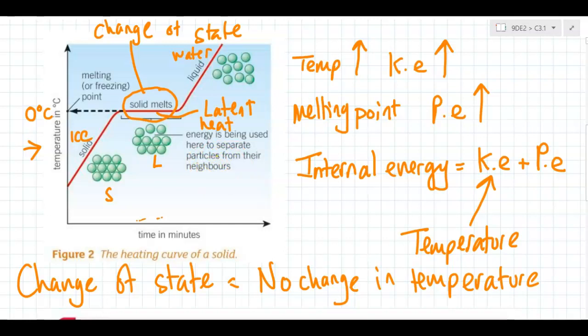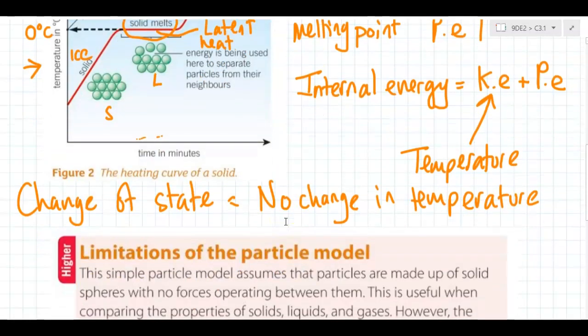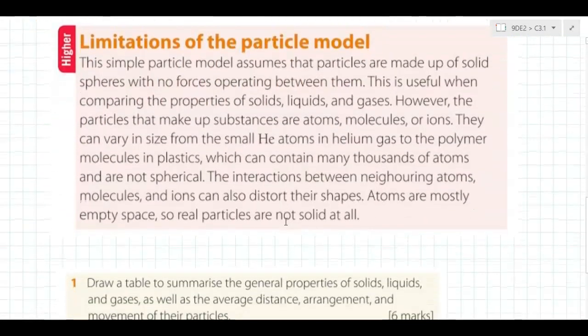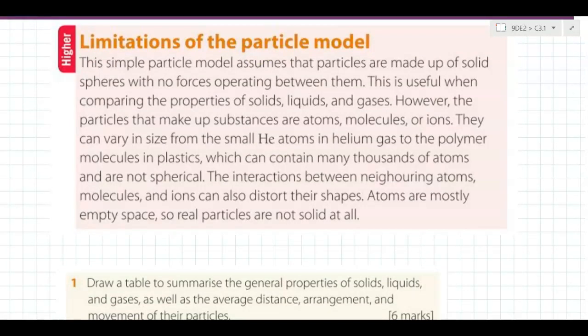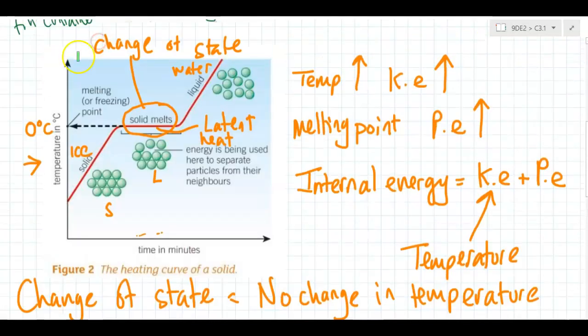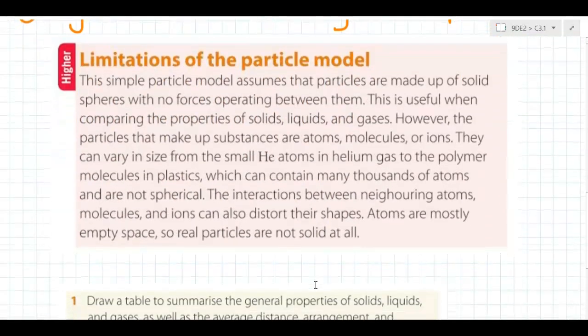Okay, last bit. If you are aiming for grade 6 or higher, then you ought to be able to say, hang on a minute, I know some stuff about atoms. Okay, and we could talk about how our model doesn't quite work all the time. It has limitations.